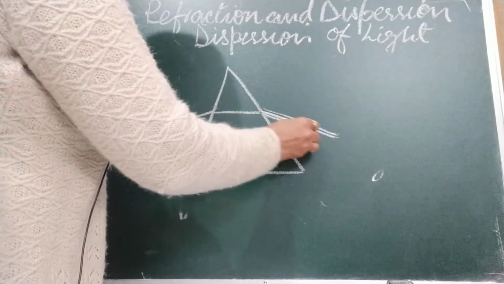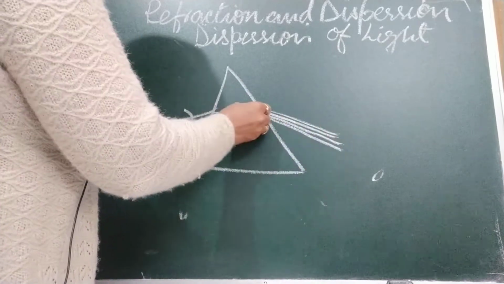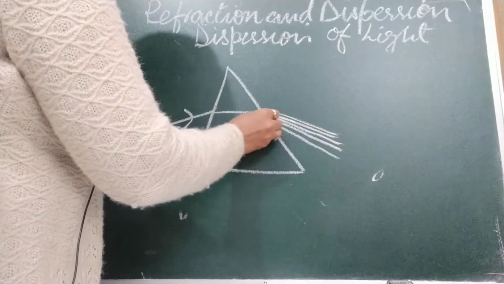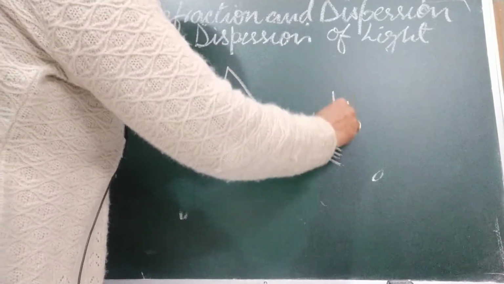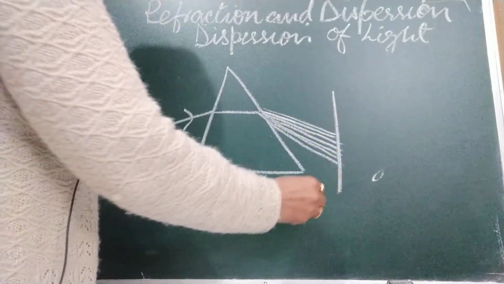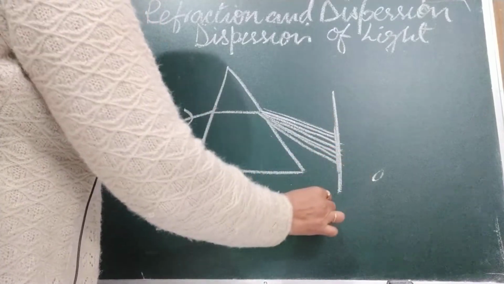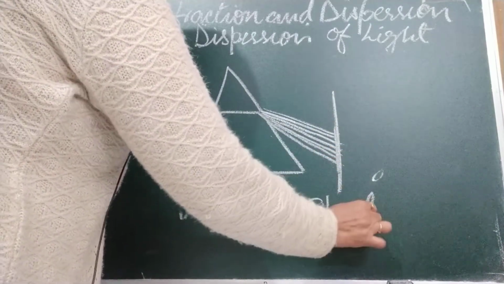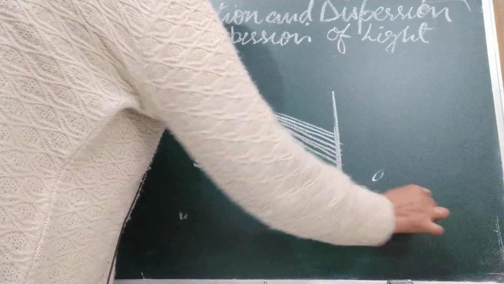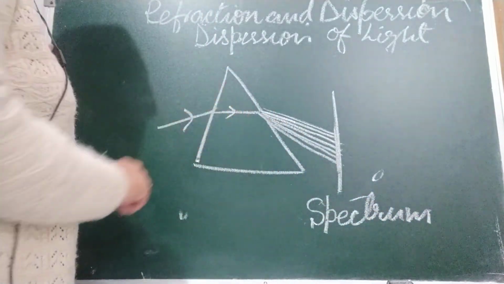1, 2, 3, 4, 5, 6 and 7. And this we get on screen, and this band of 7 colors is called what? Spectrum. And this phenomenon is called dispersion. Why does this happen?